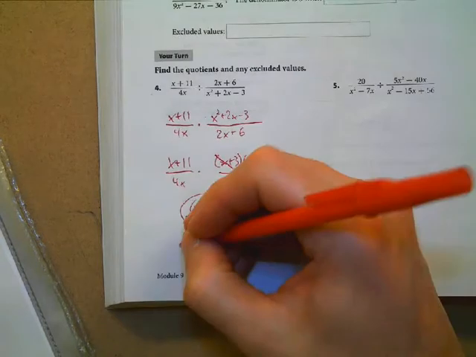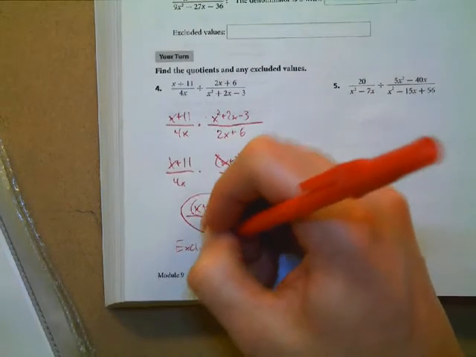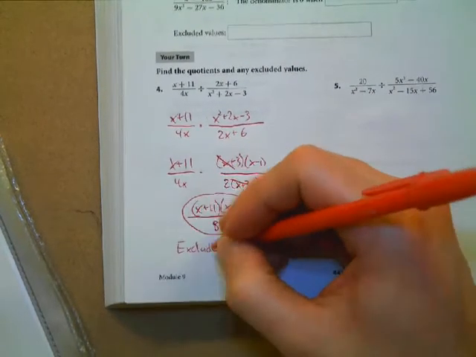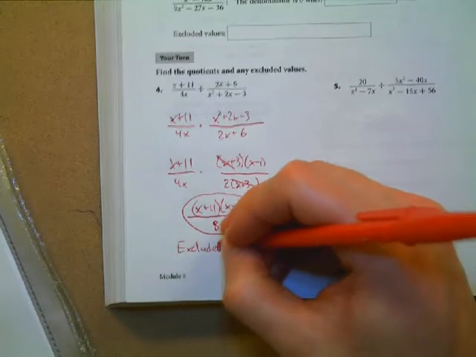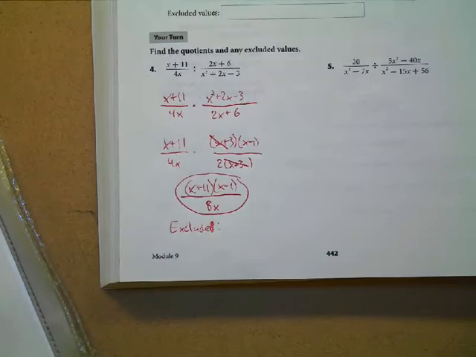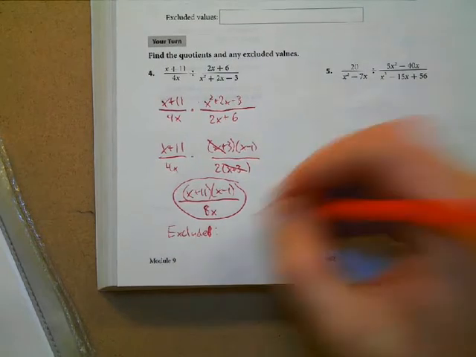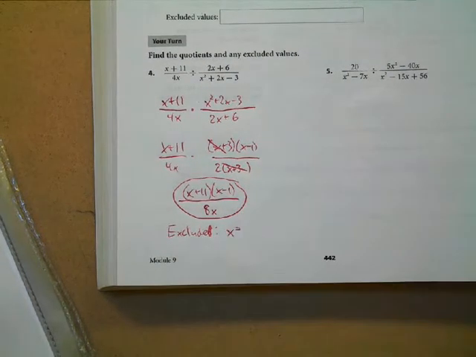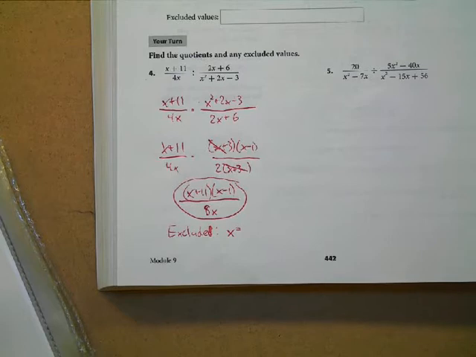Negative 11? That's in the numerator, so it's okay. Well, let's look at our denominator, though. How about right here, Josh? What number in for x will I get 0 in my denominator here? Nope, because it's 4 times x. What x can I put in here? Anybody? 0. Because 0 times 4 would give us 0 in the denominator here.